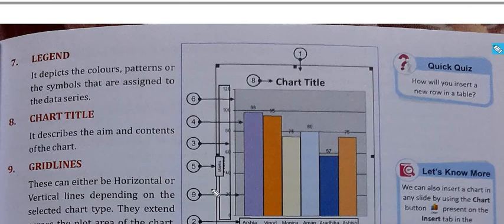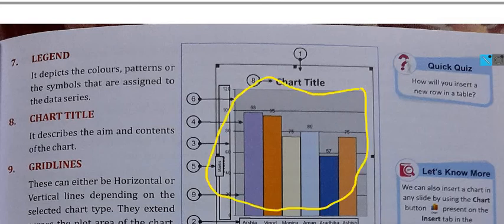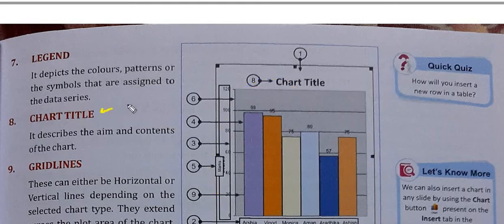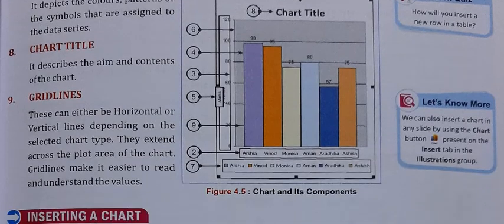Here you can see the sixth one is the plotting area of the graph. So this is the plot area. Now next is chart title, and you can see grid lines easily, right? So I hope you are understanding each component of a chart.